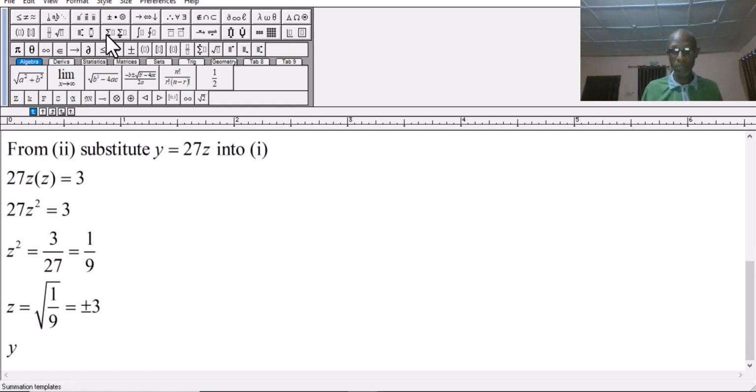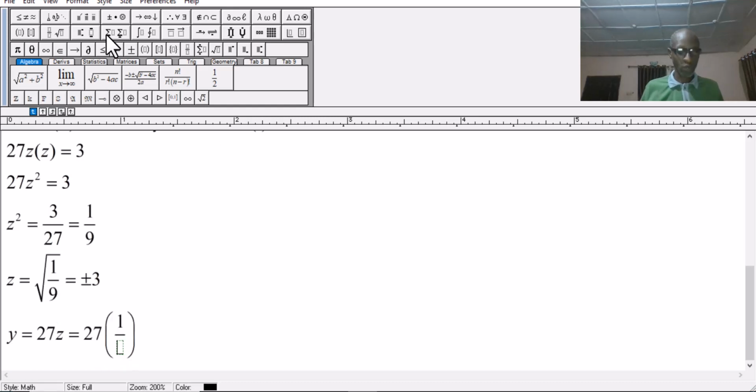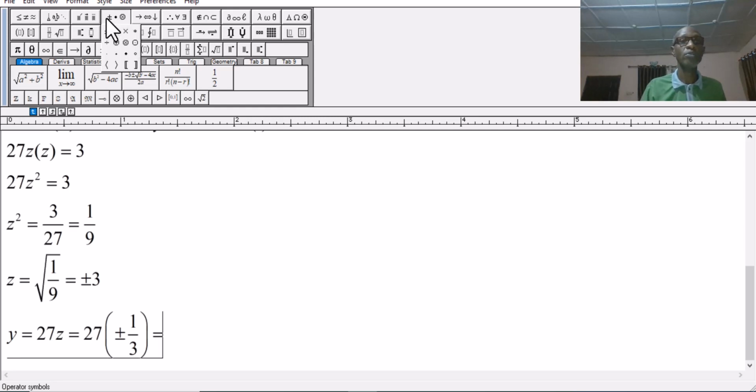So I can get my z, and I can get my y. My y will now be equal to 27z, the same thing as 27 into brackets plus or minus 1 over 3, which is equal to plus or minus 9.